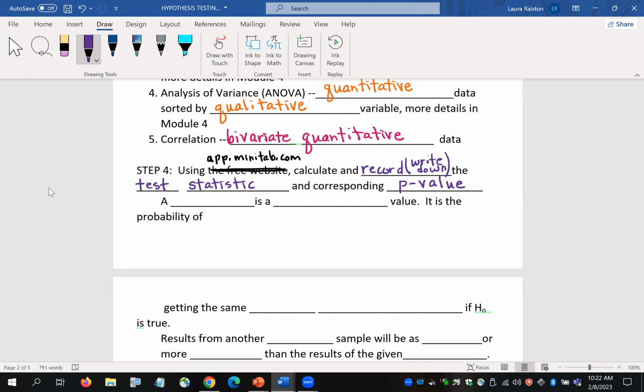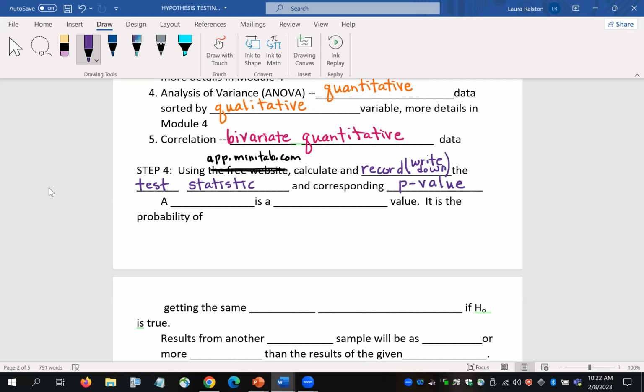So it's kind of like, again, thinking about it as a court case. We start out assuming the person is innocent until proven guilty. In statistics, we start out assuming our null hypothesis is true. We gather all of the evidence, and the evidence is presented to the jury.